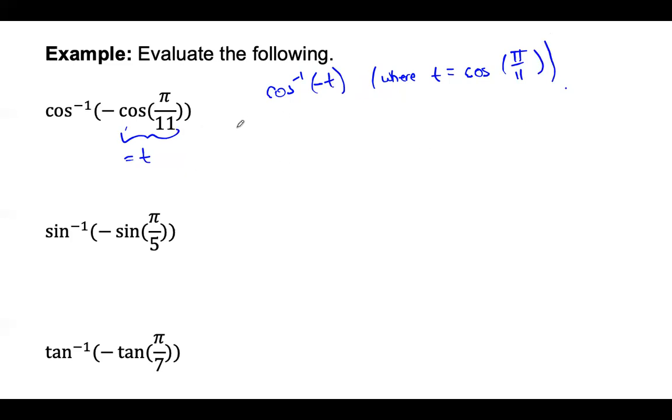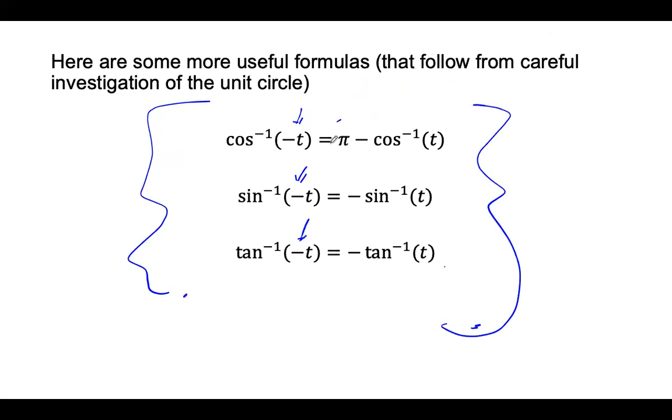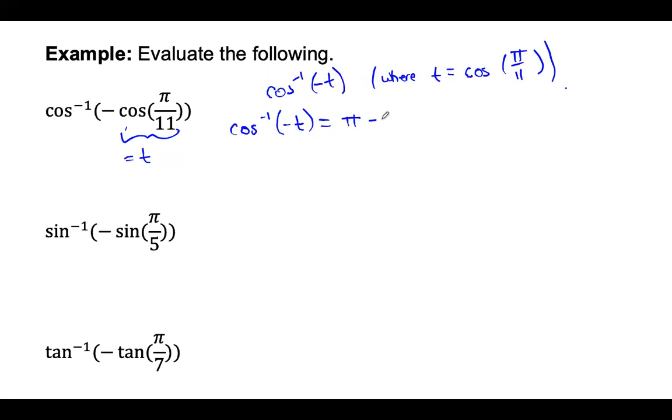And apply the formula. So our cos inverse of negative t is equal to pi minus cos inverse of t, because there's a pi in the formula. We have to do this because of the bounds.